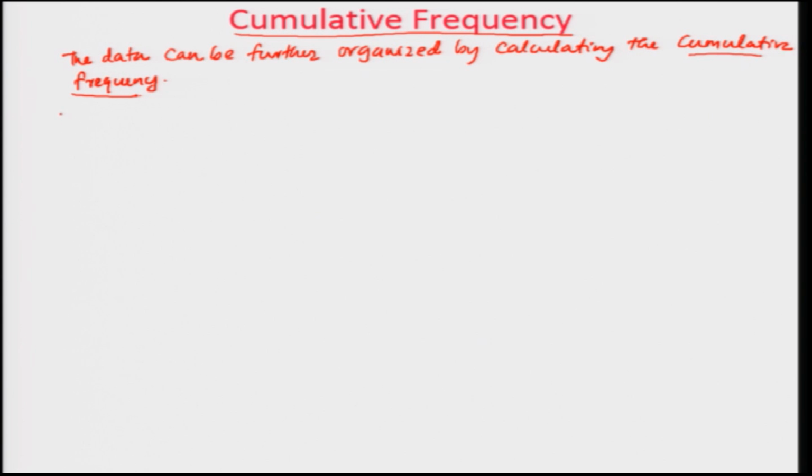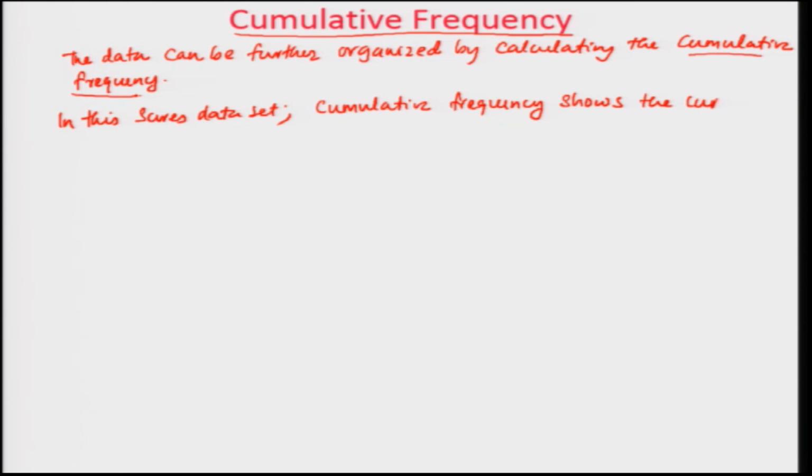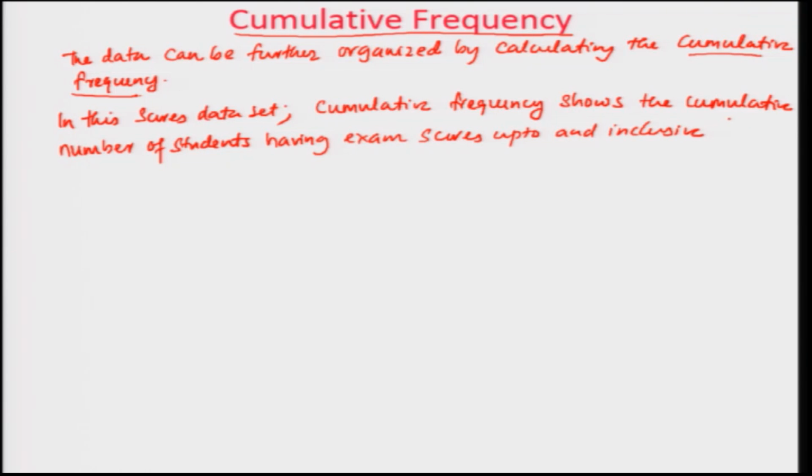In this scores data set, cumulative frequency shows the cumulative number of students having exam scores up to and inclusive of those in the given range.